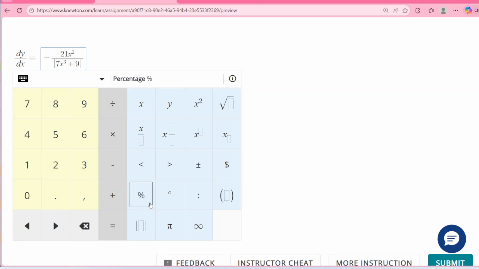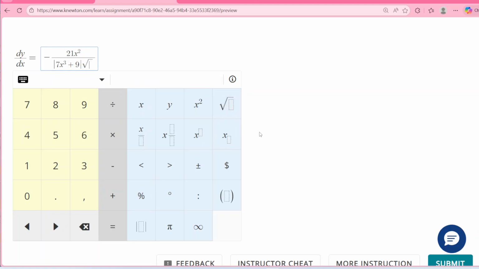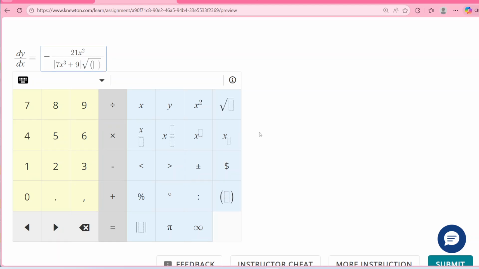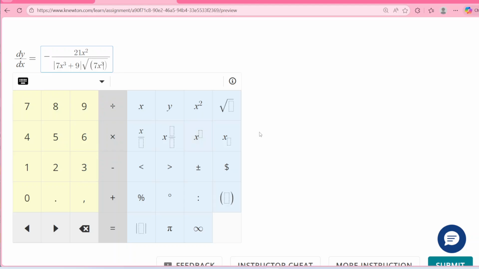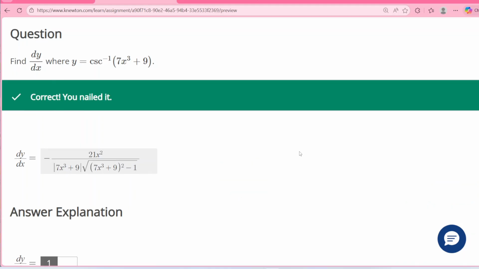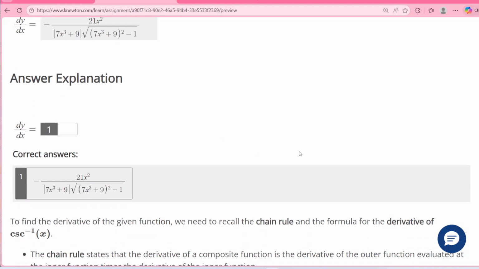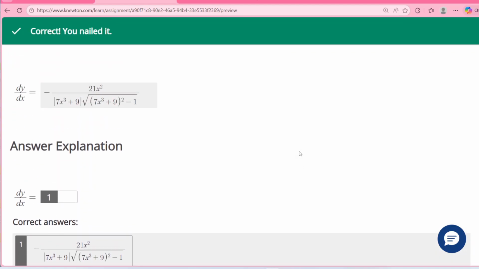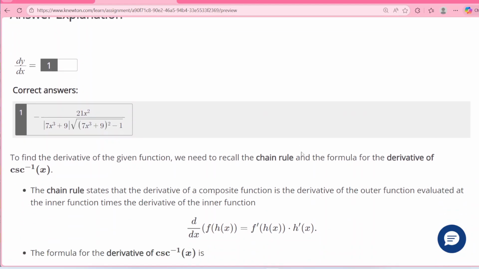Then outside the absolute value, we have times the square root of the quantity 7x cubed plus 9 squared, and then minus 1, all inside the square root there. That should be good enough. Great. So again, that's exactly how they have it. Wonderful.